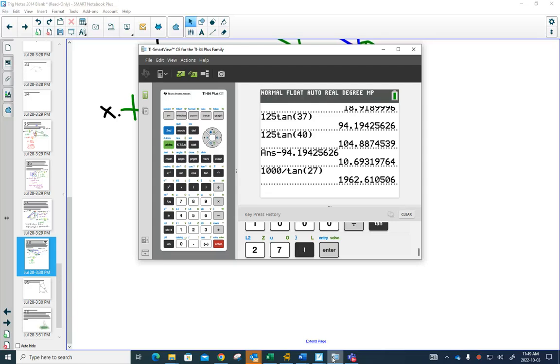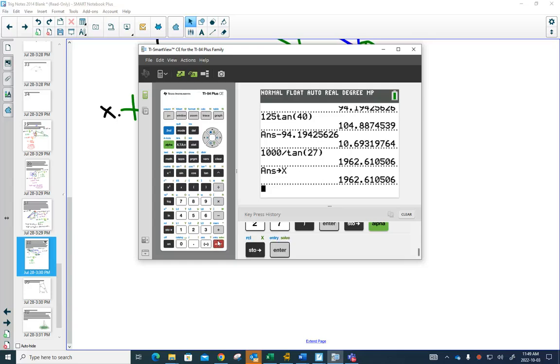On my calculator, above the on button, I have a store button. I can hit that and it asks where I would like to store my answer. I have all these different letters written out in green. So I can push my green button and say I'd like to store it as the letter X, because that's what I solved it as. I push enter, and now my calculator is remembering that if I type in the letter X, it's 1962.61.